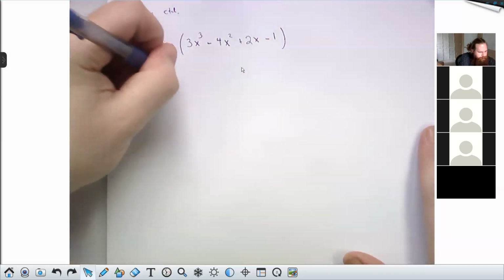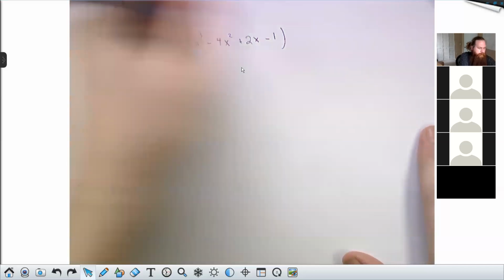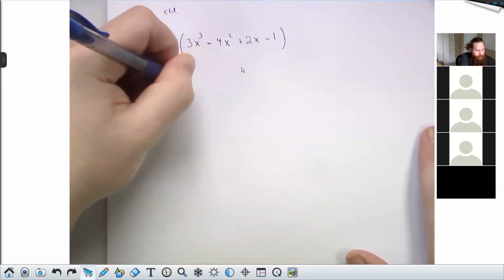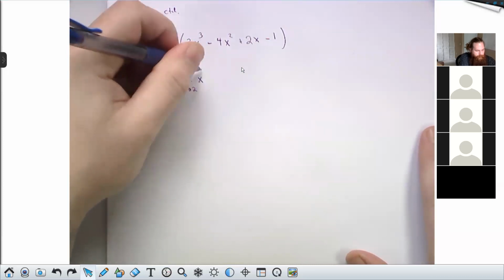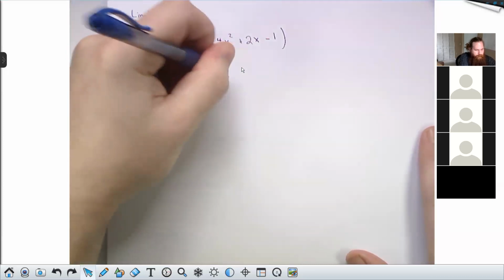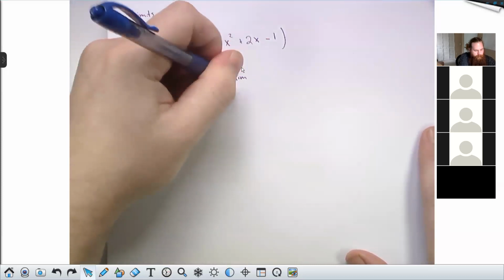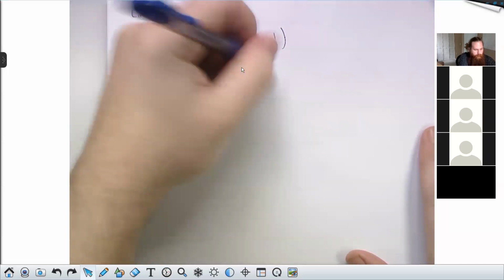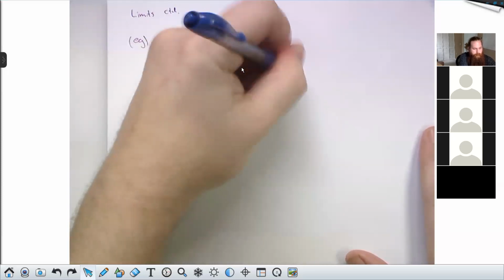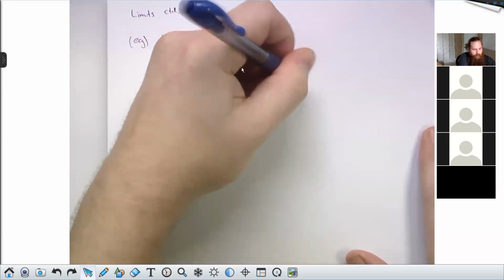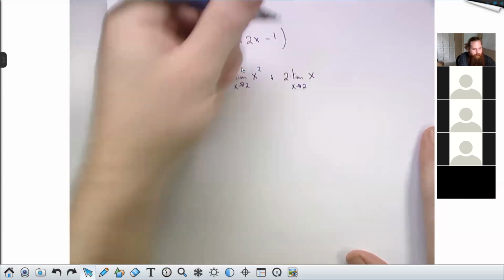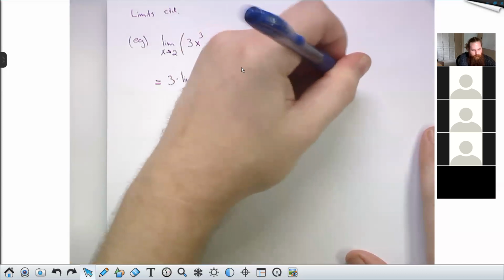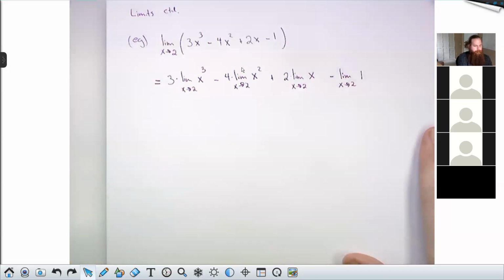So I would split this up, and I'm going to do these steps together now as 3 times the limit as x approaches 2 of x cubed, minus 4 times the limit as x approaches 2 of x squared, plus 2 times the limit as x approaches 2 of x, minus the limit as x approaches 2 of 1.